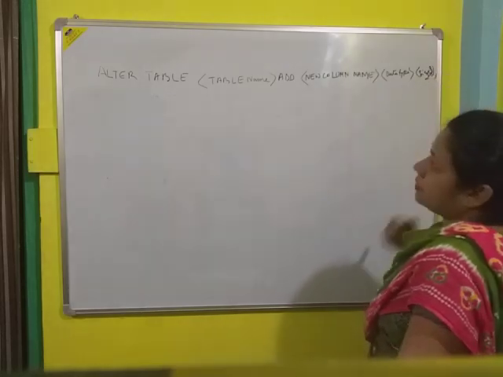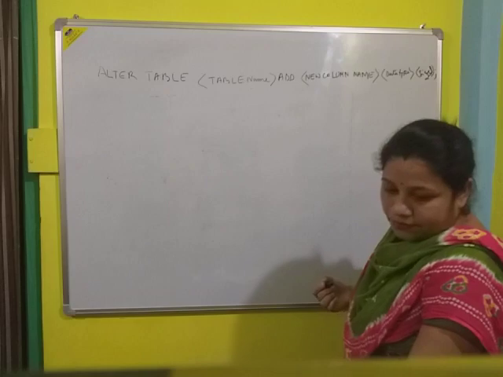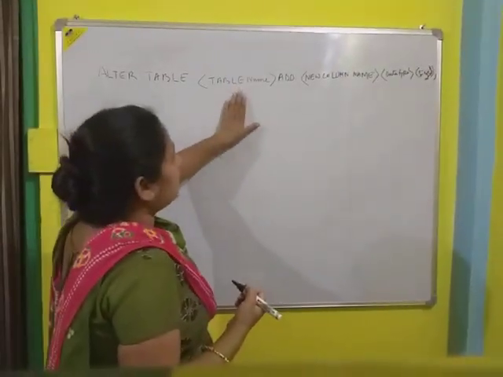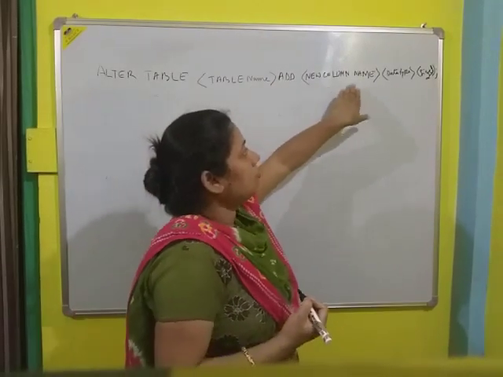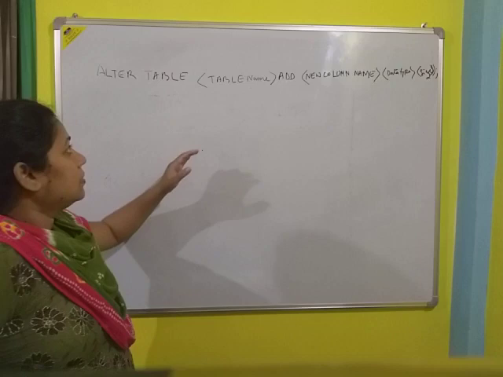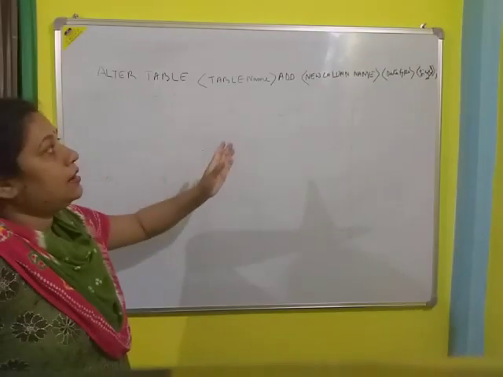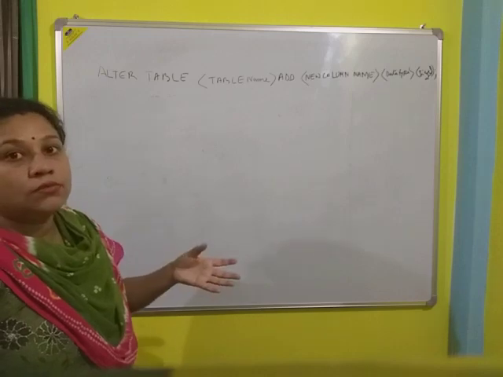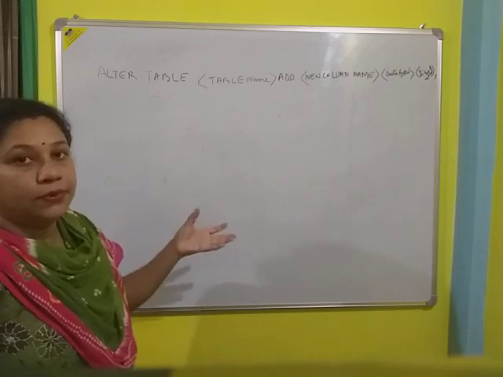Semicolon. So when you write alter table, then give the table name, add new column name, data type, size. This command will enter a new column to an existing table.